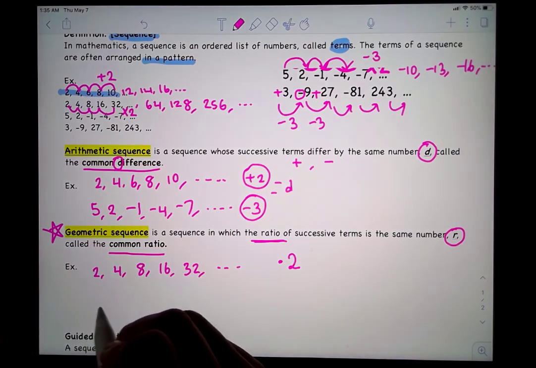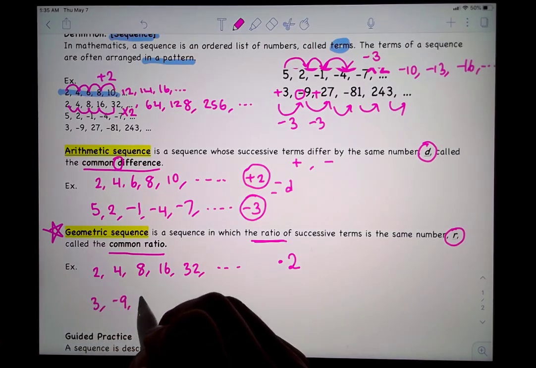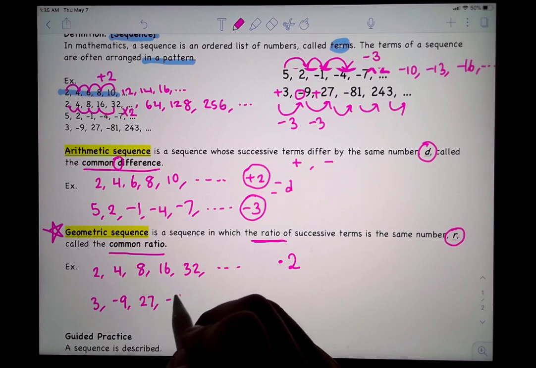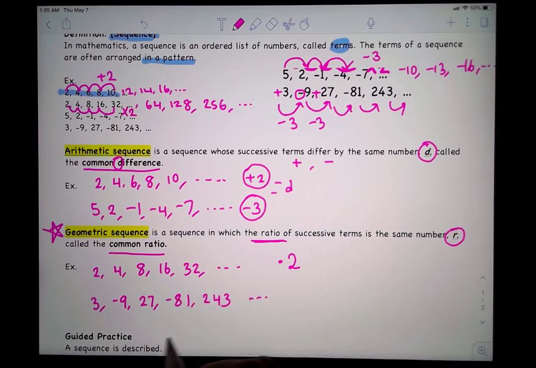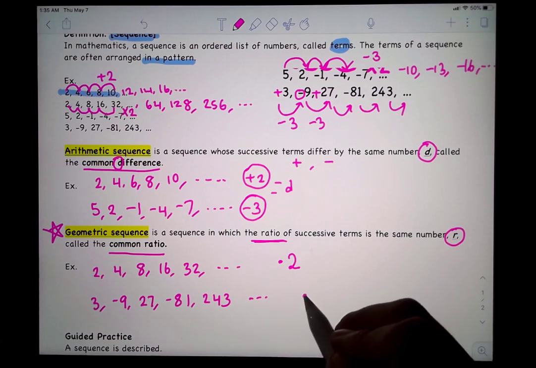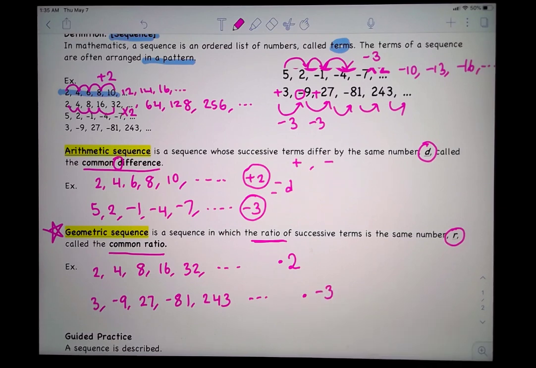So I'm going to copy the sequence over here: 3, negative 9, positive 27, negative 81, positive 243. So this is multiplied by negative 3, right? Or, you know what?